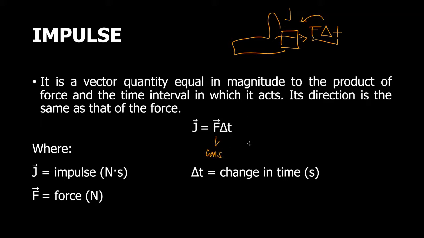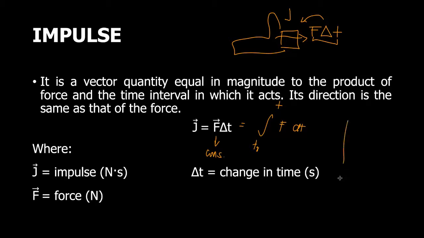However, you can still find the impulse of non-constant forces by using this alternative formula, which is the antiderivative of the force function with respect to time from the initial time t naught to the final time t.